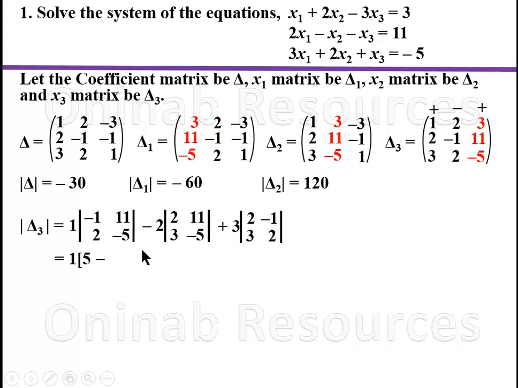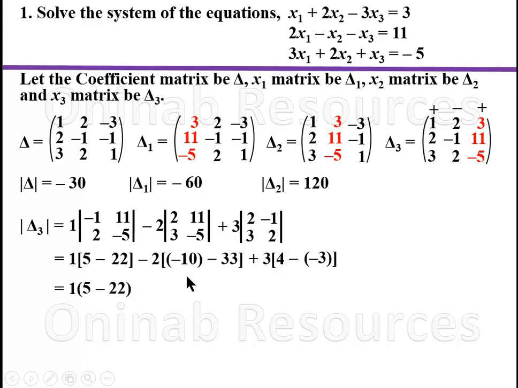Minus 2 times 11 gives 22. This is negative 2. 2 times negative 5 gives negative 10. Minus 3 times 11 gives 33. This is positive 3 here. 2 times 2 gives 4. Minus 3 times negative 1 gives negative 3. We now remove the inner brackets here and here. So we still maintain this.